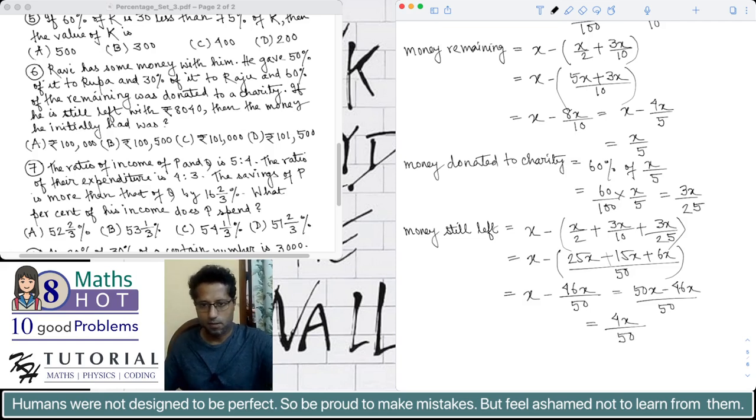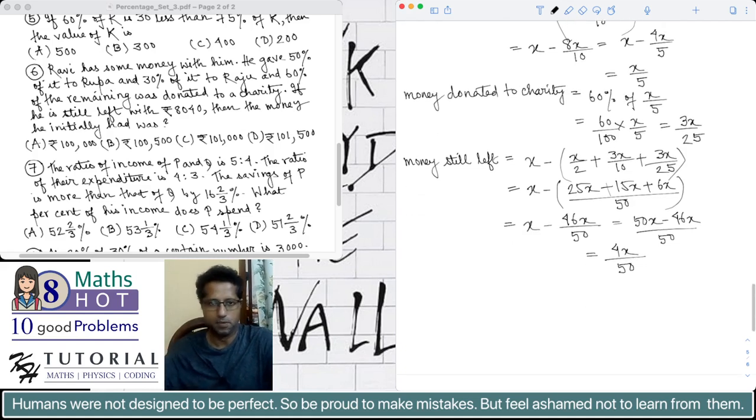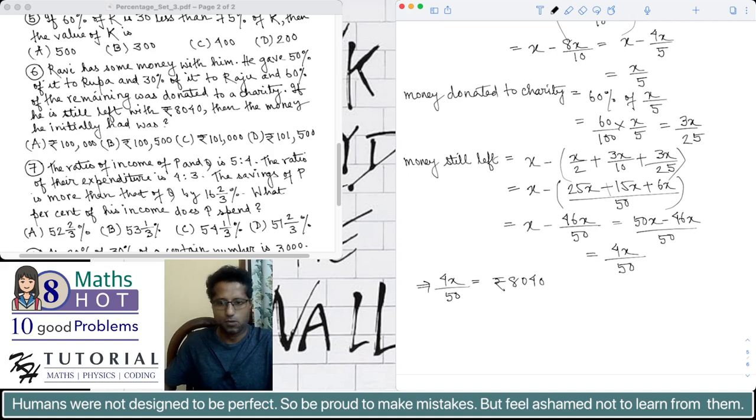So this is the money still left with Ravi, and this is given to be rupees 8040. So we can say 4x by 50 is equal to rupees 8040. So this implies x will be equal to rupees 8040 multiplied by 50 divided by 4.